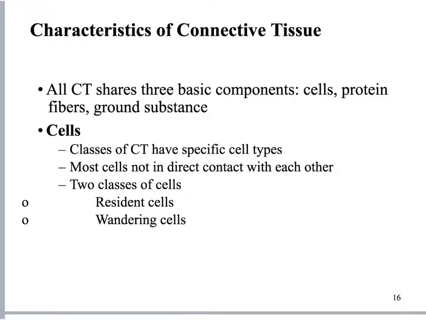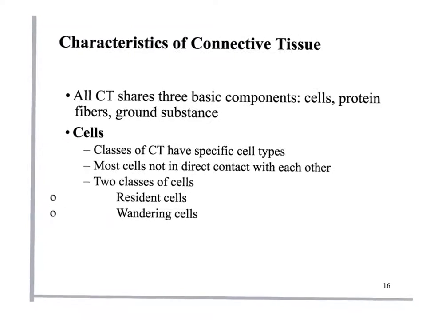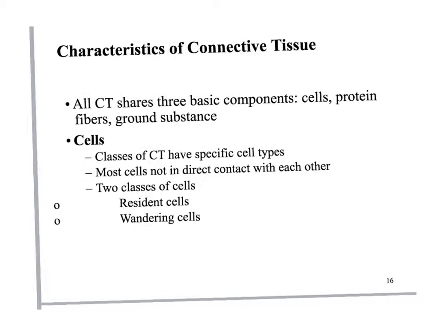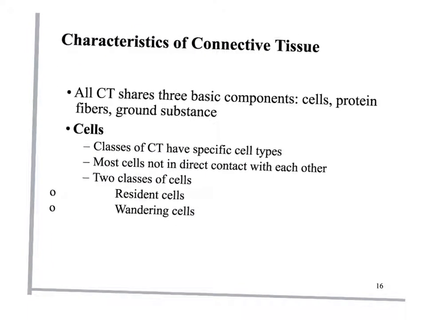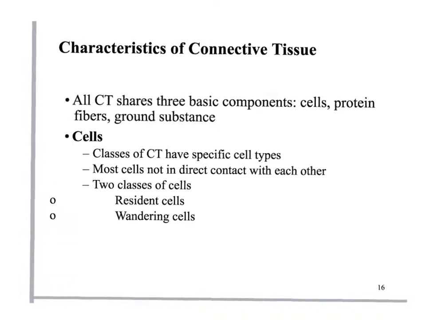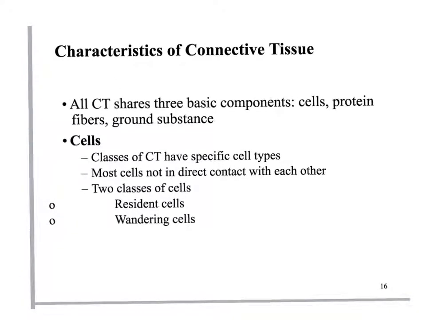All right, so all connective tissue shares three basic components: cells, protein fibers, and ground substance. All right, and we can classify the cells within a connective tissue based on whether or not they're there or they kind of wander in between. In some connective tissue, like areolar connective tissue, you have cells that produce the fibers that are stuck there.